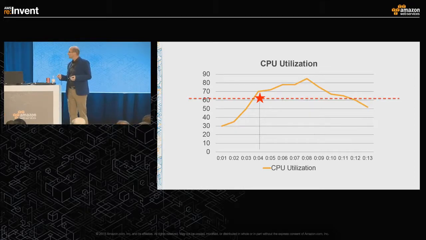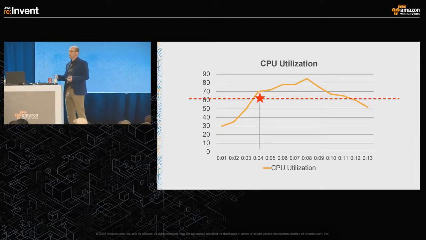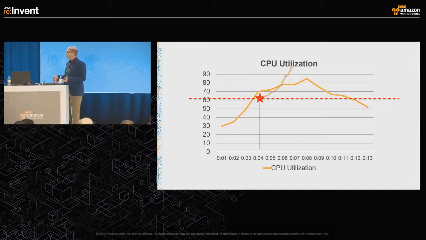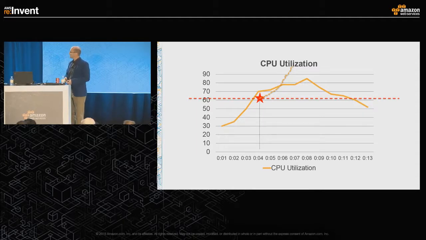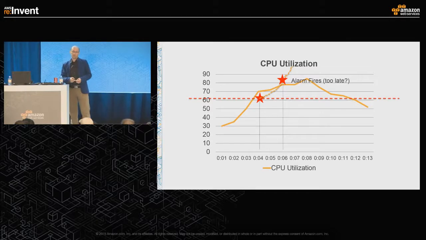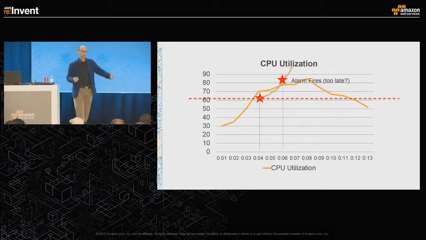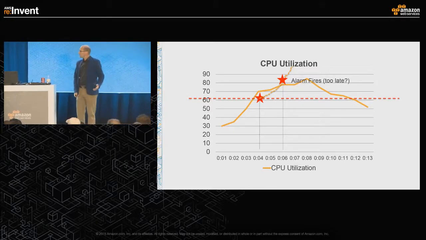And it could be worse, because there are cases where maybe it doesn't work out as nicely, right? You just bring the capacity online in time, but utilization goes through the roof. And if we actually looked at when this alarm would have fired, like 2 minutes later, because we evaluate everything for 2 minutes, it might have been way too late.